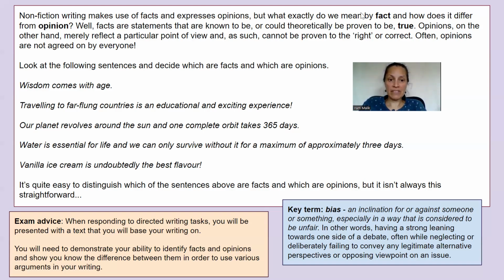Our planet revolves around the sun, and one complete orbit takes 365 days. Now, is that a fact or an opinion? I think we can all agree that that is a fact, because we could actually measure that, couldn't we?